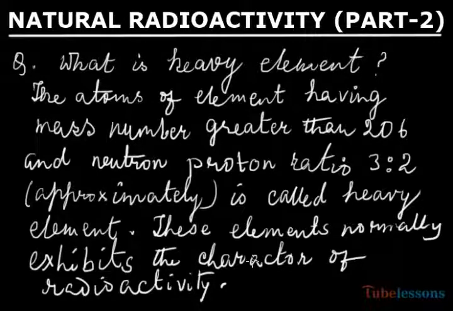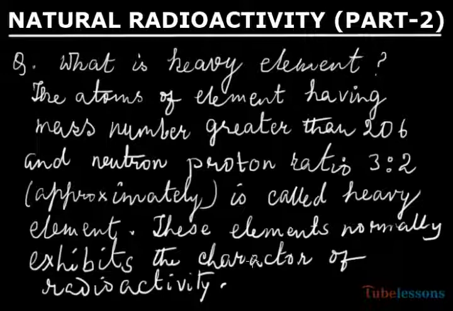Examples of heavy elements: uranium, radium, polonium, plutonium, etc. And polonium was discovered by Madame Curie. In this context, I want to tell the story of Madame Curie. Madame Curie got the Nobel Prize 2 times. She is the only person who has got the Nobel Prize 2 times in physics and chemistry.